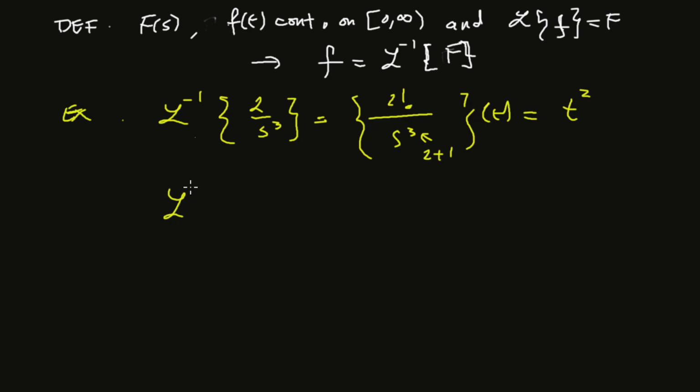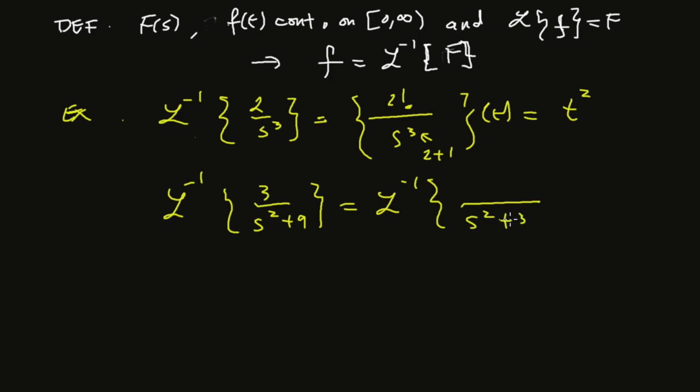Alright, let's do more. Let's say you have 3 over s squared plus 9, and of course this is to find the inverse Laplace transform, and that's s squared plus 3 squared there.